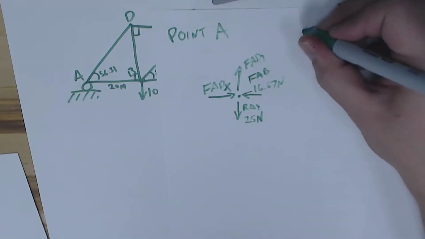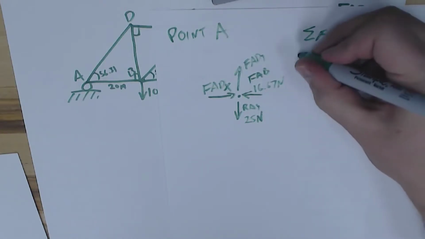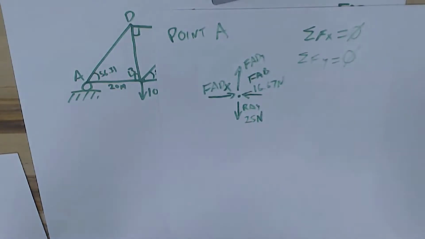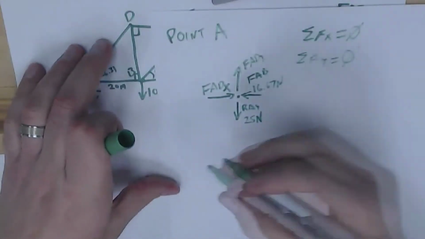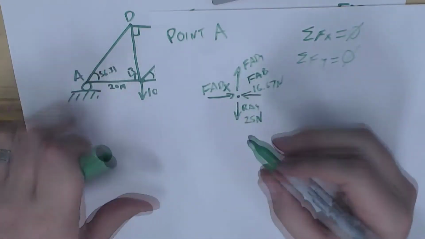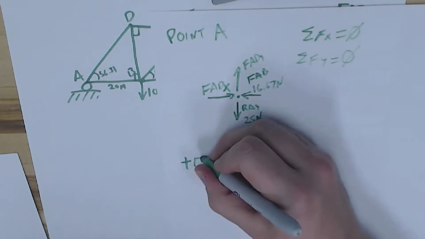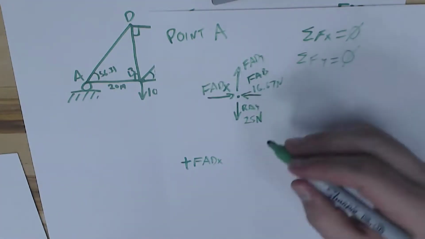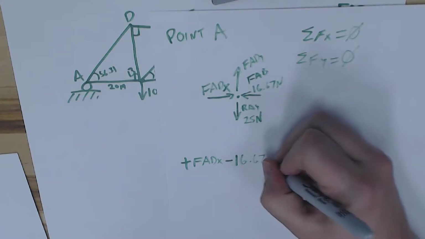As always, sum of forces in the x direction must equal 0, and sum of forces in the y direction must equal 0. Let's see if this marker has recovered any. So we'll do the x direction first. FADX is going to the right. That's our guess, so we're going to leave that positive. FADX, and FAB we know is going to the left, so we're going to put a negative sign on that: 16.67 newtons.